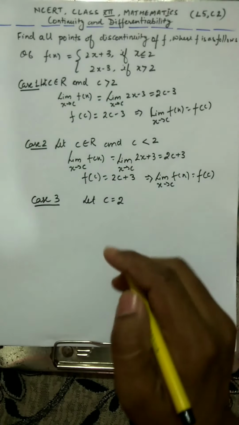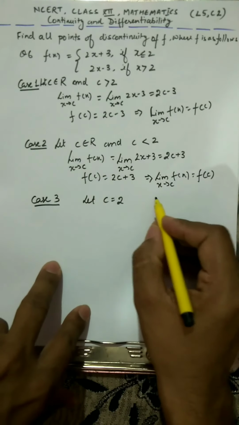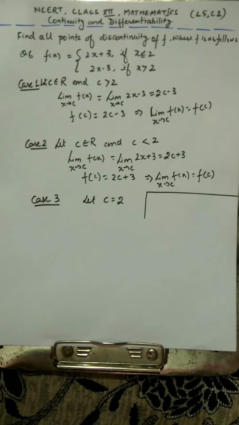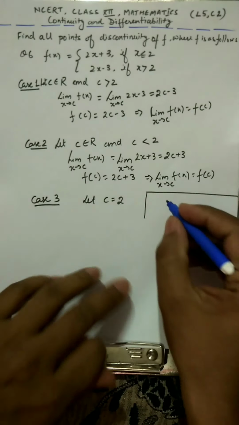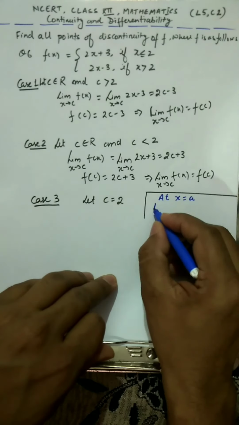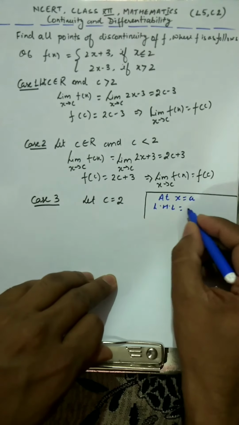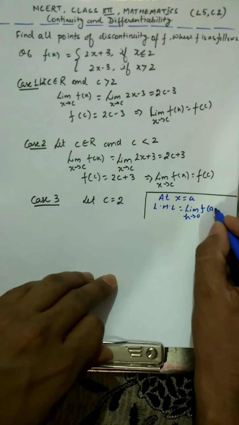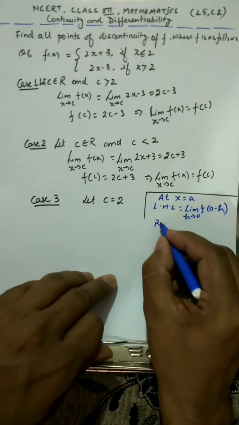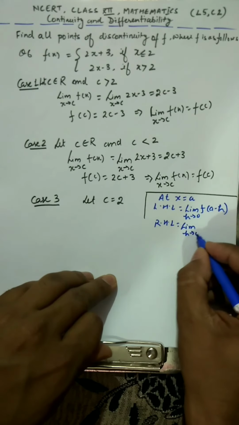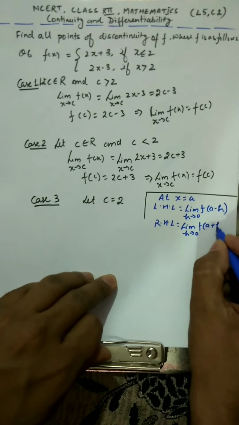But before I discuss this left hand limit and right hand limit, I'm just giving you the formula for using them. At x equal to a, the left hand limit will always be limit h tends to 0 of f(a minus h), and the right hand limit will always be limit h tends to 0 of f(a plus h).